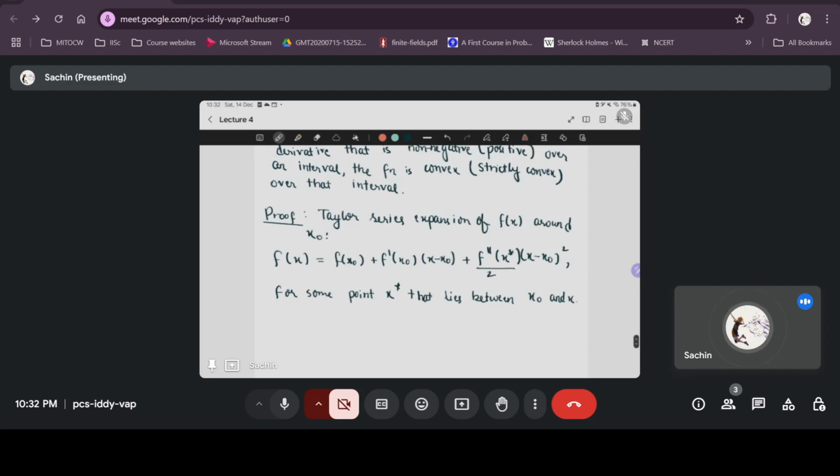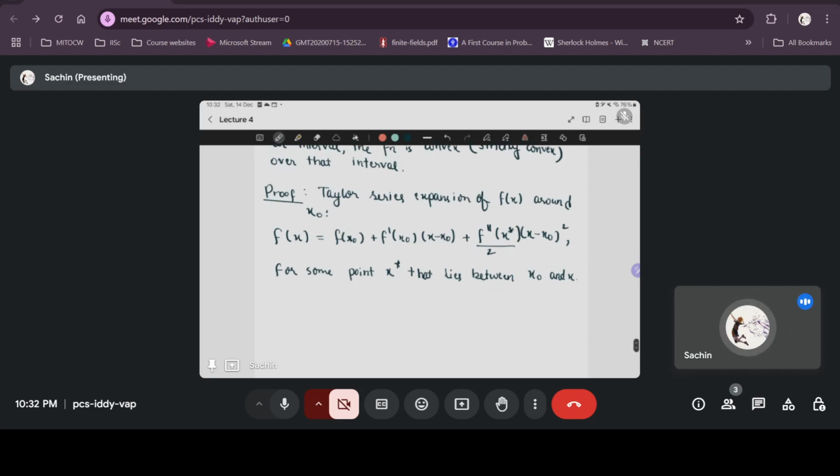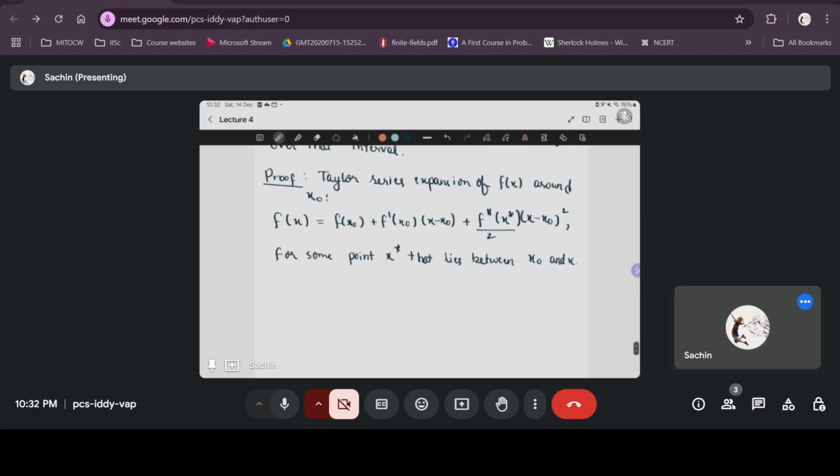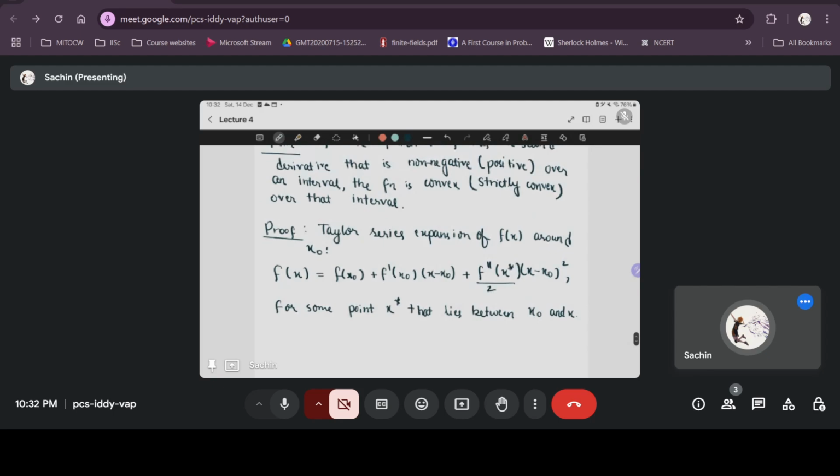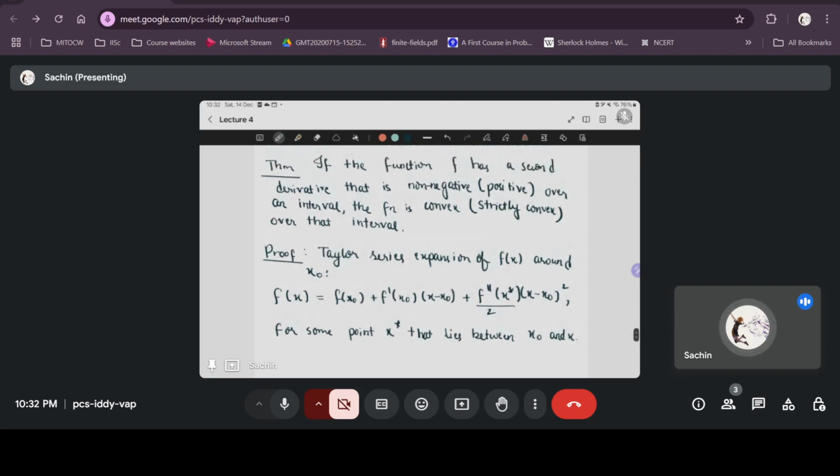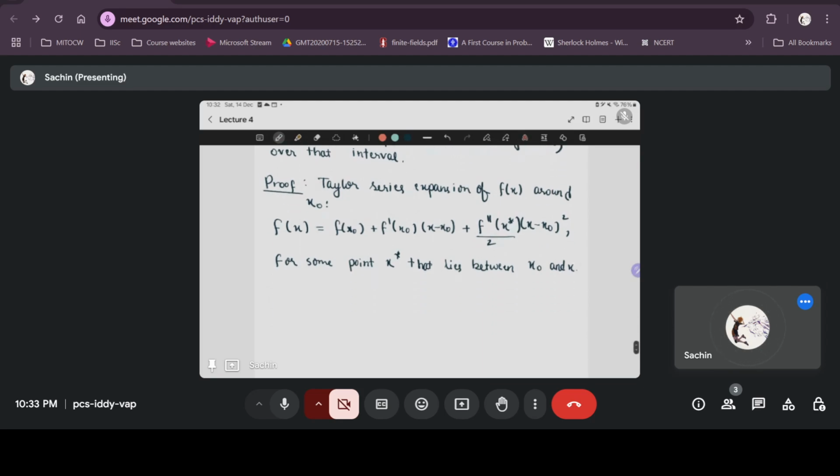This result is from calculus, so you'll have to go and see in a calculus course. I won't give a proof for that result, but using this now we have that f double prime is a positive quantity, or at least a non-negative quantity from the hypothesis of this theorem.